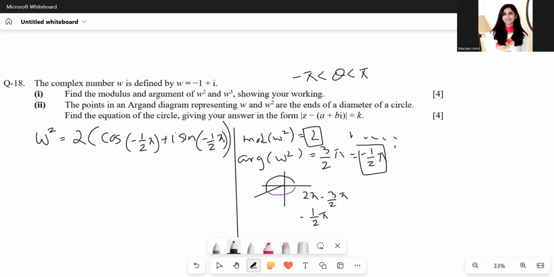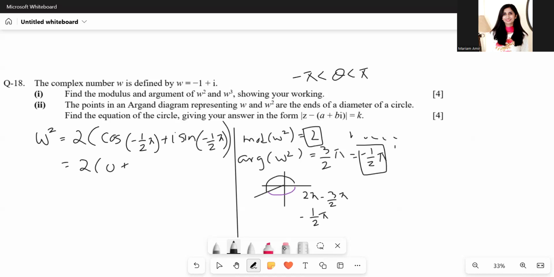Let's find it out. This becomes 0. And sine of minus 1 by 2 pi is minus 1.